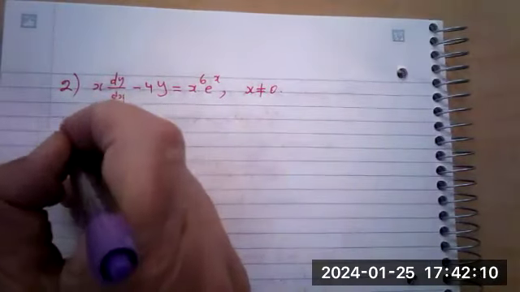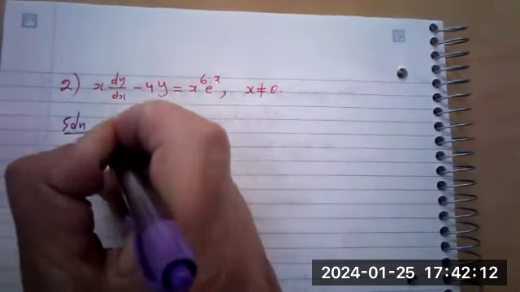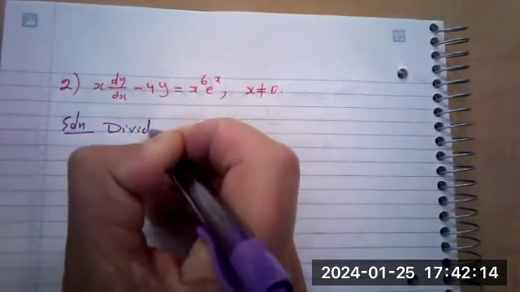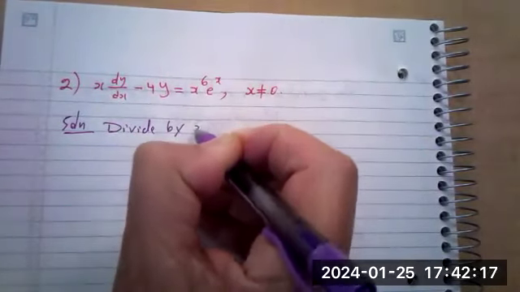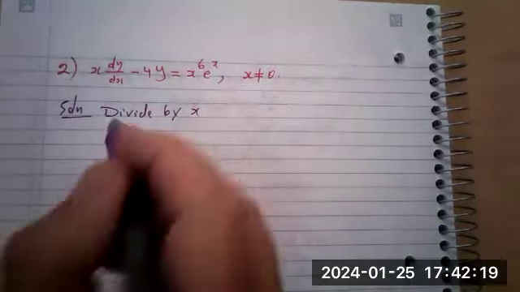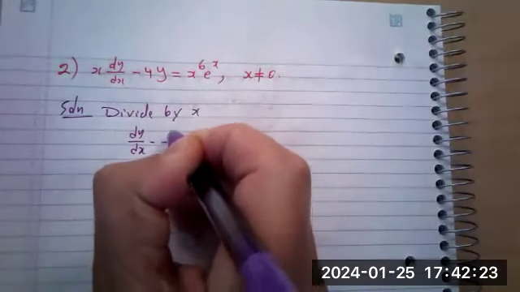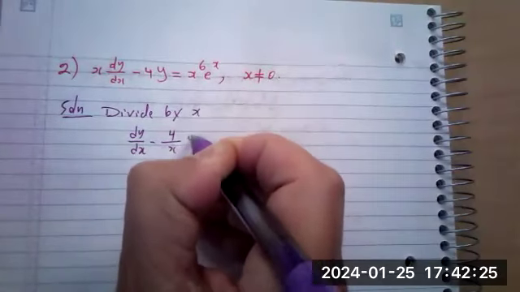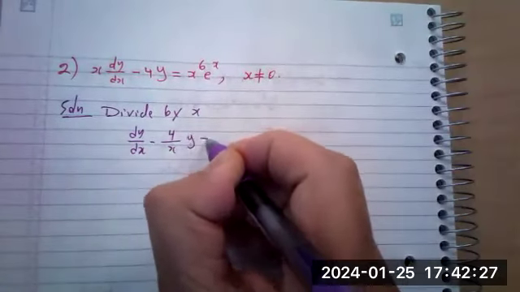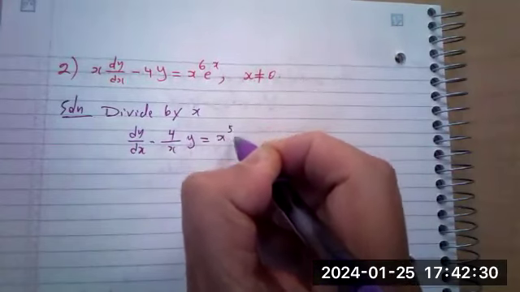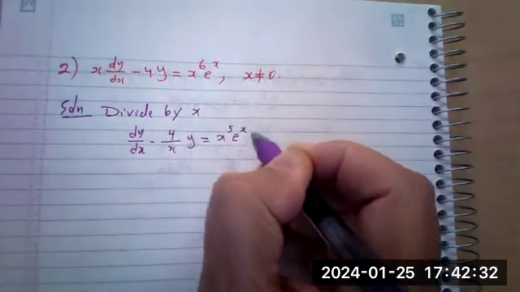Okay, solution. Divide by x. Divide by x, that gives you dy/dx minus 4 over x y, and this is going to be x to the 5th e to the x.